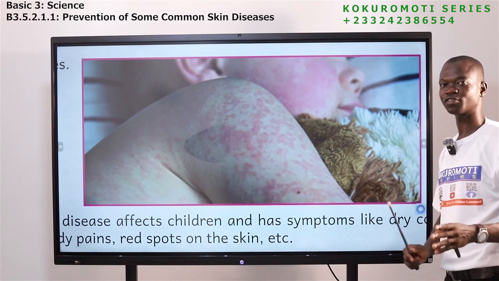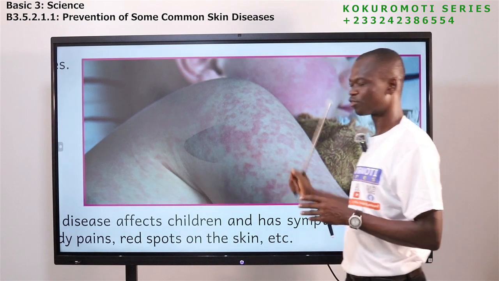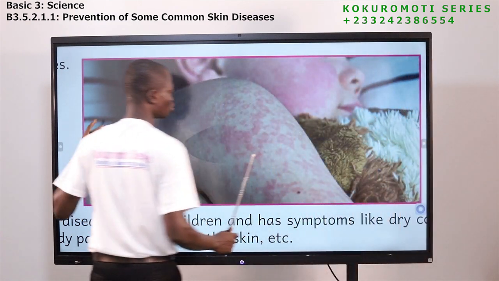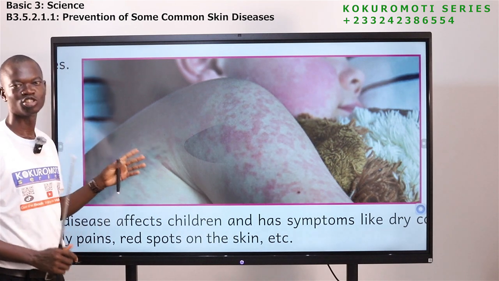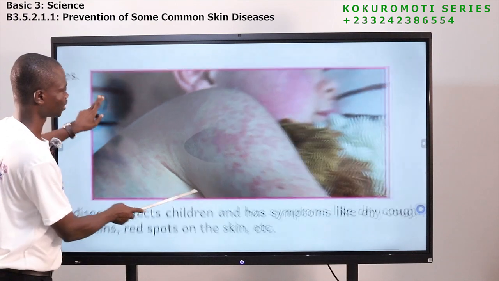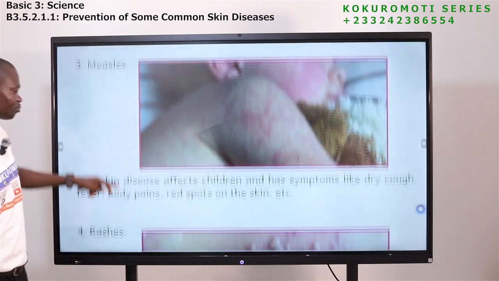I don't know if you have suffered from measles before. So this is how the skin looks. I have told you that skin diseases affect only the skin. So look at what the boy is going through. Please, I don't want you to go through something like this. So let's do all we can to protect ourselves from getting infected. So this is measles, and this is how it looks.